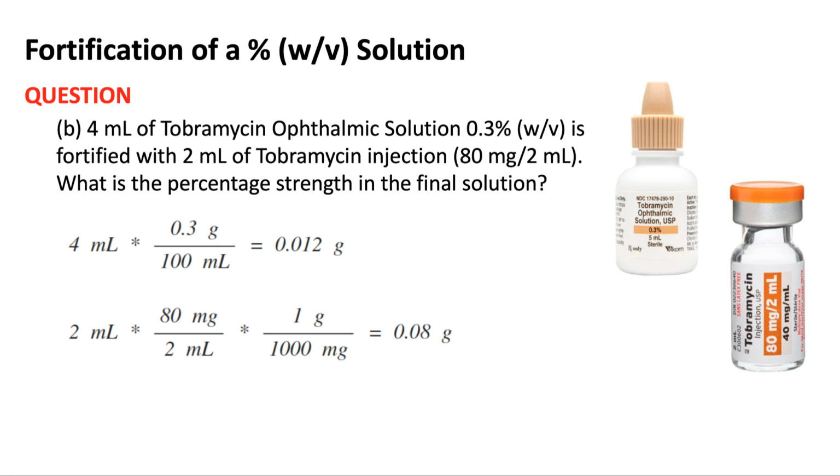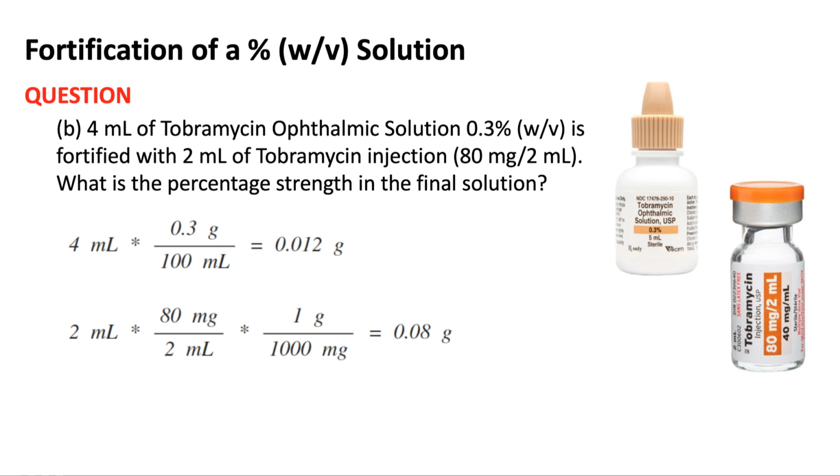But I want to convert my milligrams to grams so that it's in the same units as what we had just done for the ophthalmic solution. So I'm going to then multiply my answer here by 1 gram over 1,000 milligrams, so my units of milligrams cancel. So essentially, if I take 2 times 80 divided by 2 divided by 1,000, my final numeric answer is 0.08 and my units are grams.